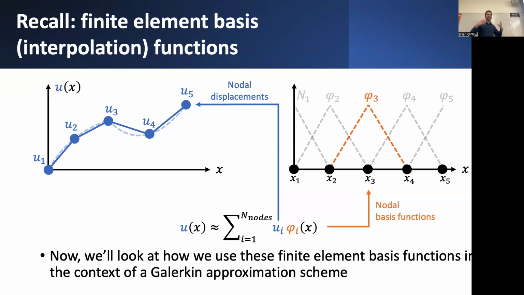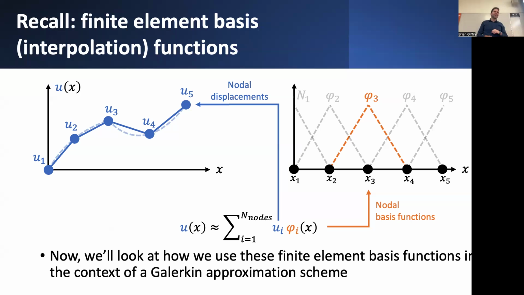But the advantage of these things, there were several, was that they had this property of compact support. In other words, any one of these particular basis functions associated with a given node in our finite element discretization has only non-zero value over the patch of elements to which that particular node is connected.